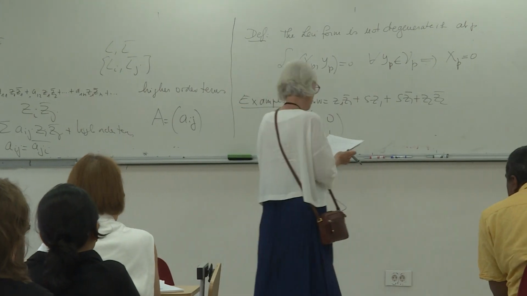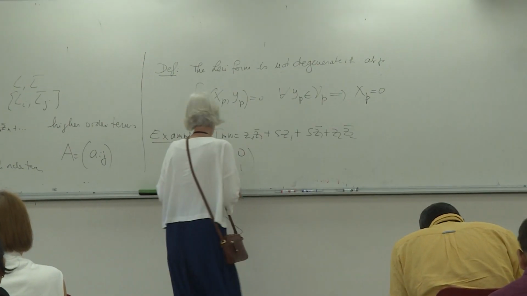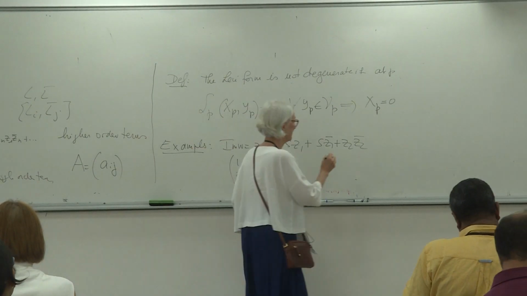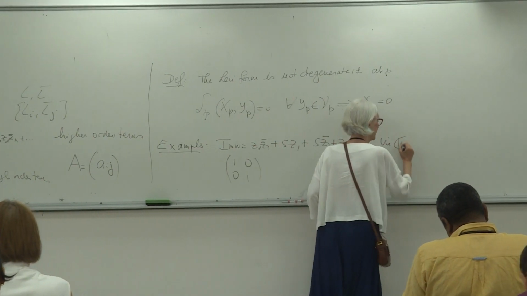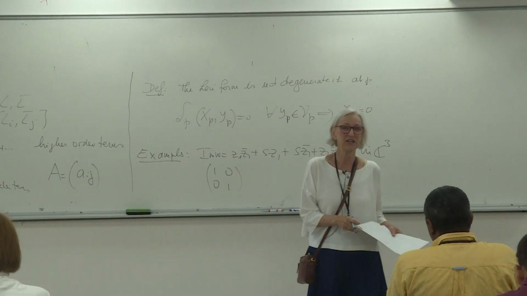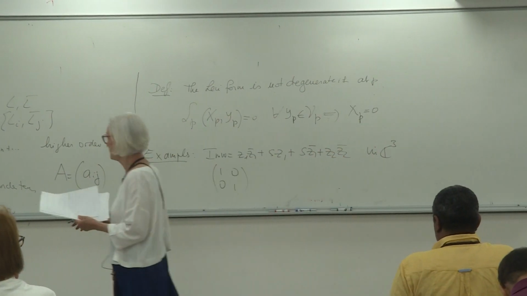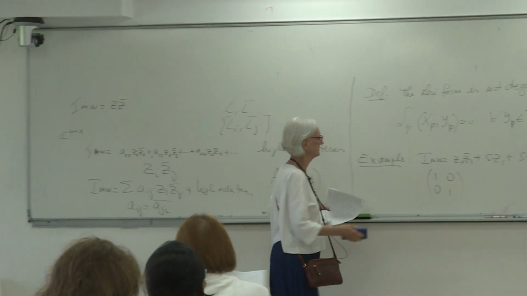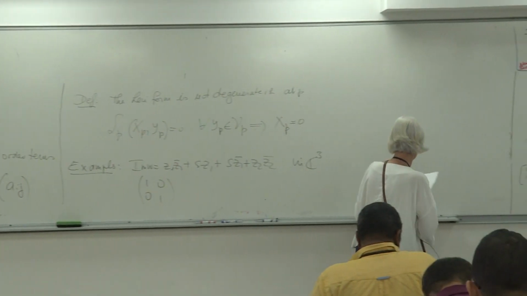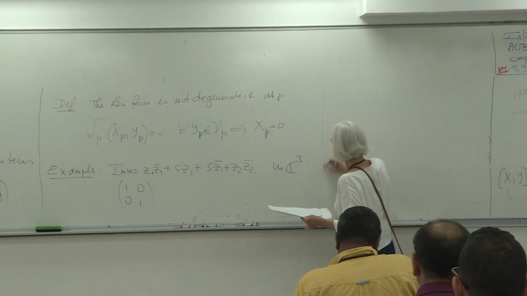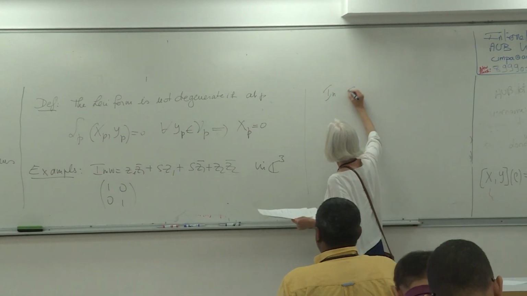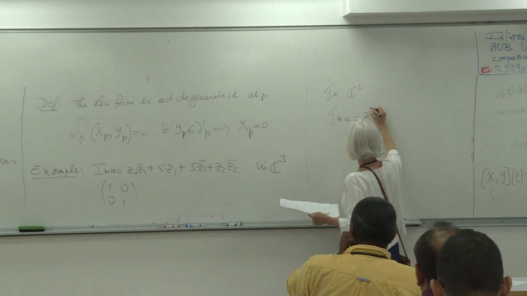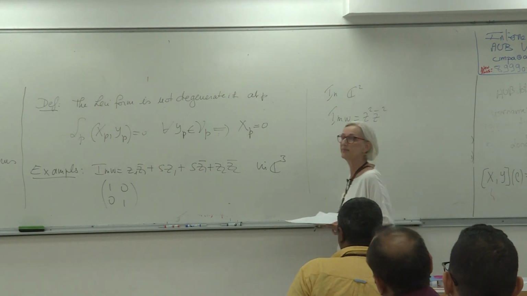Now, if I give you an example in C3, but in C4 no longer, okay? Now, if I give you, in C2, Im w is z square, z bar square.